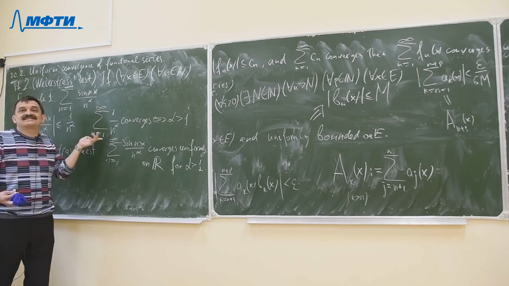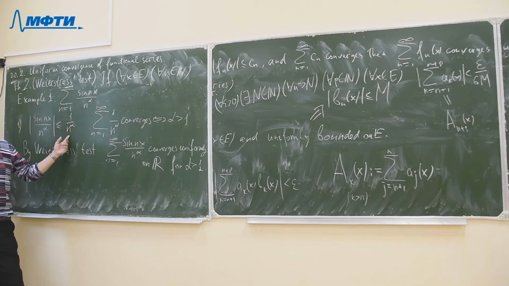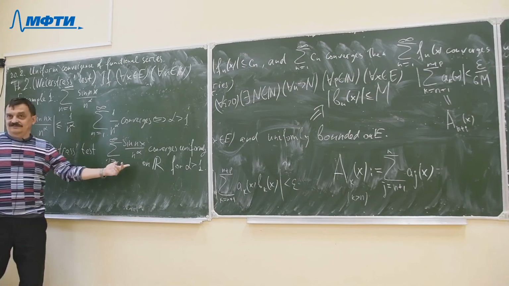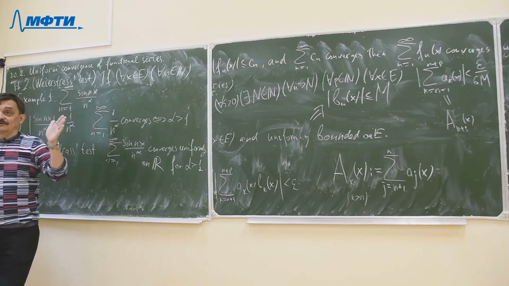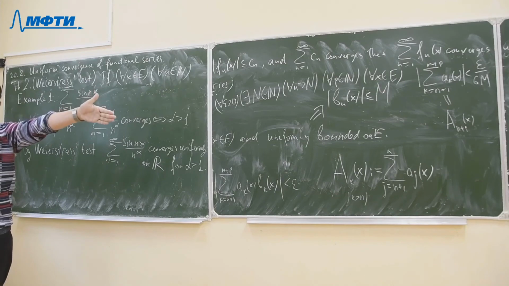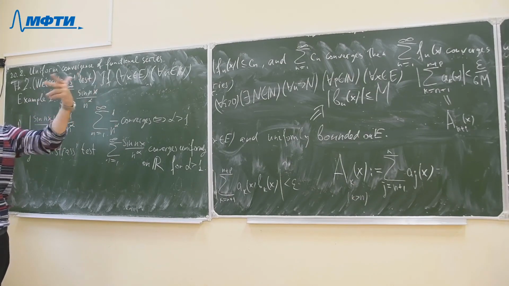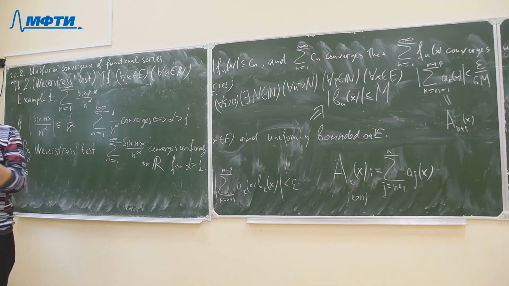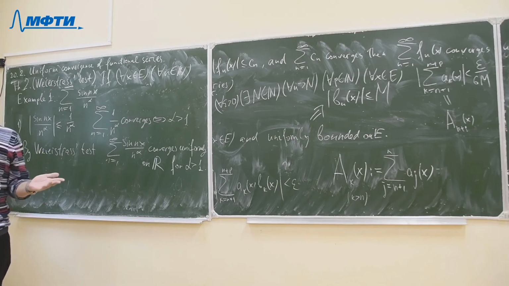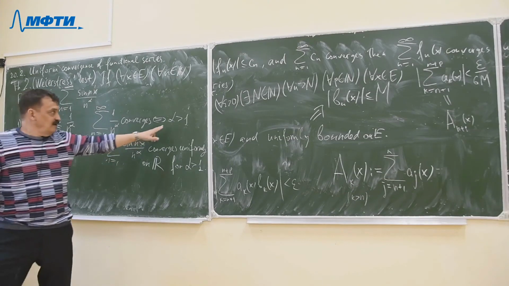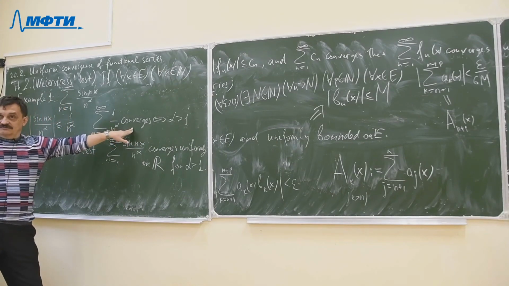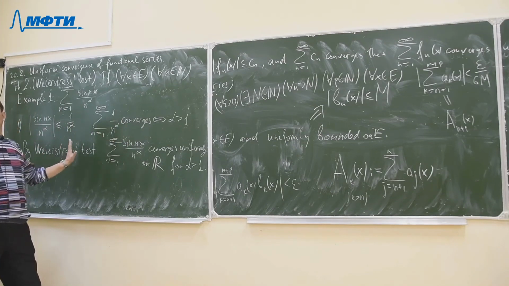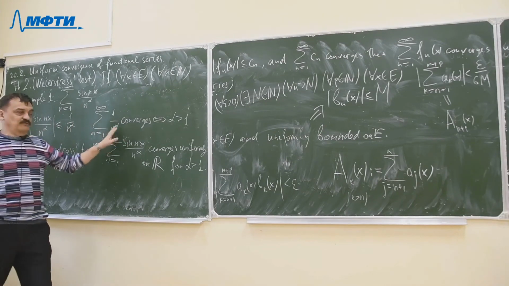But it doesn't say that if this series diverges, then the series does not converge uniformly. No. You see, Weierstrass test works only in one direction, if you want to prove that a series converges uniformly. So if this condition is not satisfied, this series diverges, but it says nothing about the uniform convergence of our series.